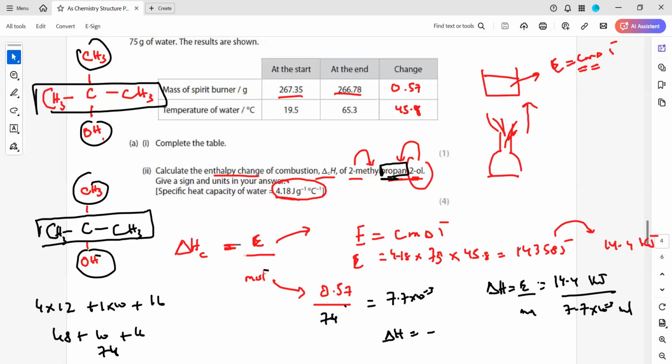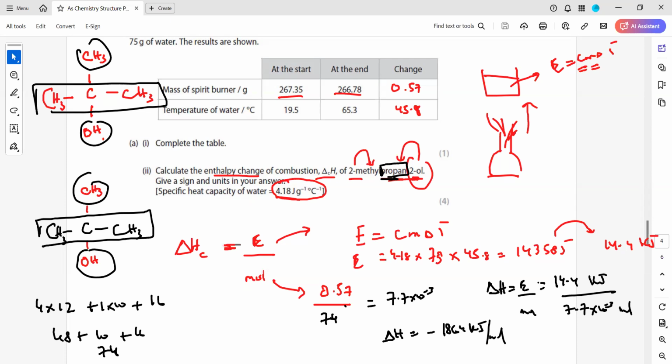So the enthalpy change per mole for this reaction is minus 1864, so negative 1864 kilojoule per mole. That is the enthalpy change of combustion of this 2-methyl propan-2-ol.